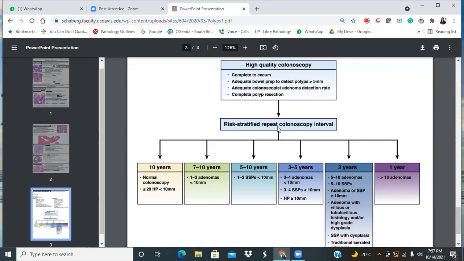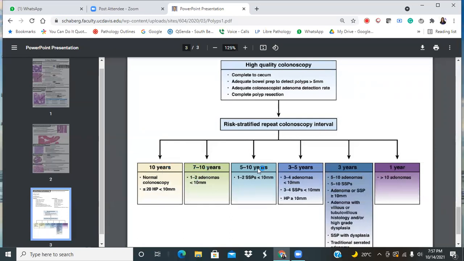So that's the last flow chart that they have. High quality colonoscopy: complete to cecum, adequate bowel prep to detect polyps more than 5 mm, adequate colonoscopist adenoma detection rate, complete polyp resection, risk stratified repeat colonoscopy intervals.